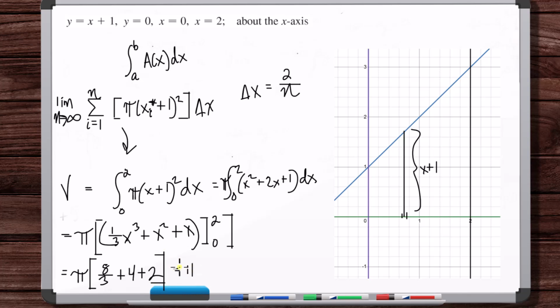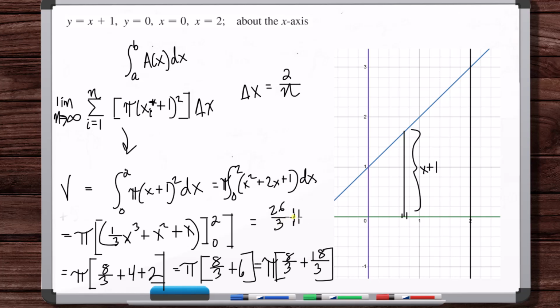So we've got pi times (8/3 plus 6). This is pi times (8/3 plus 18/3, since 3 over 3 times 6 is 18 over 3). So this is 26 over 3 pi. And there you go. That's the volume.